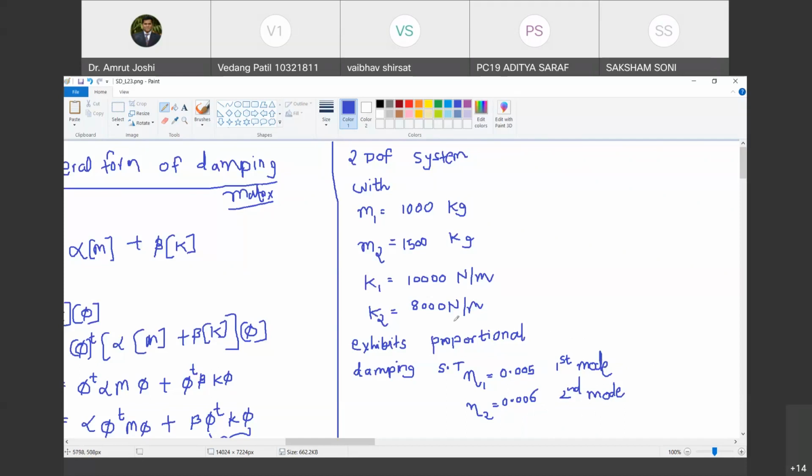Now, this is given and also you have been given a diagram. So let me draw the diagram. This is K1. This is C1. Nothing is given about C. So this is M1.